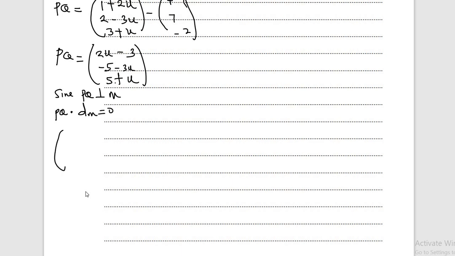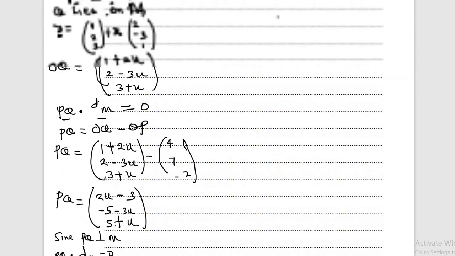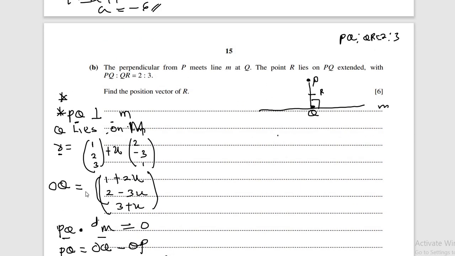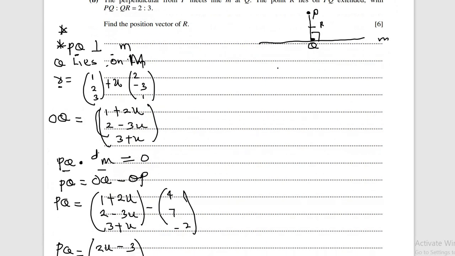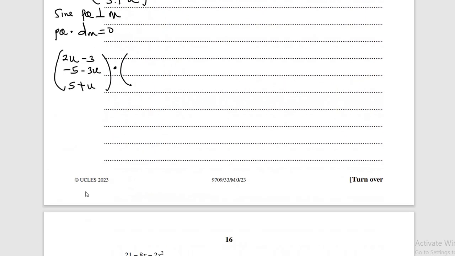So PQ is 2 mu minus 3, minus 5 minus 3 mu, 5 plus mu, dot the direction of M. The direction of line M is 2, minus 3, 1, equal to 0.